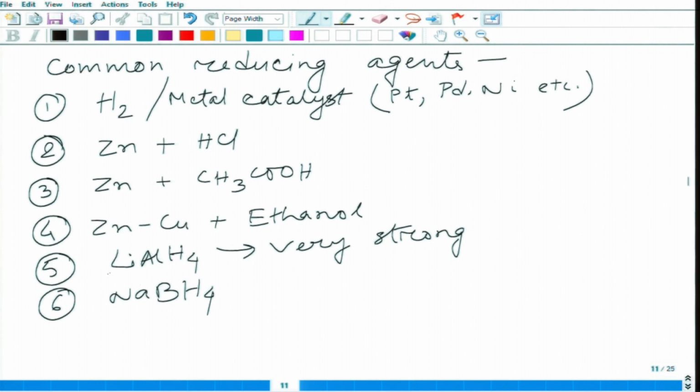These two reagents, lithium aluminium hydride and sodium borohydride, have similar mechanism for reduction, but sodium borohydride is a mild reducing agent, while LiAlH4 is very strong. Okay. So, these are some common reducing agents.